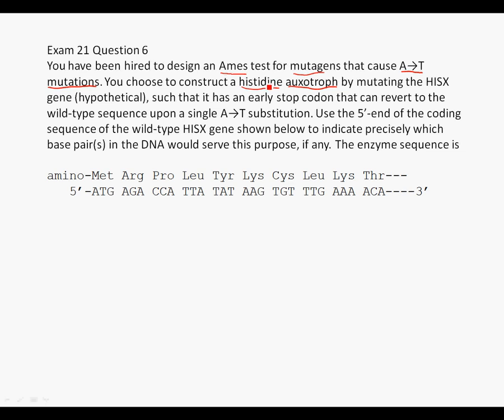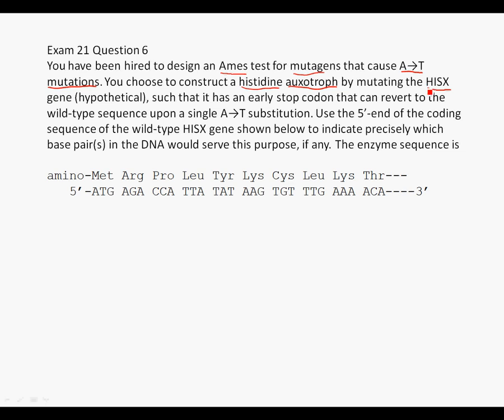So wild type bacteria, typically one we use Salmonella for this, would be able to live on minimal media, but we can construct a mutation in a specific gene along the histidine biosynthesis, perhaps His3.